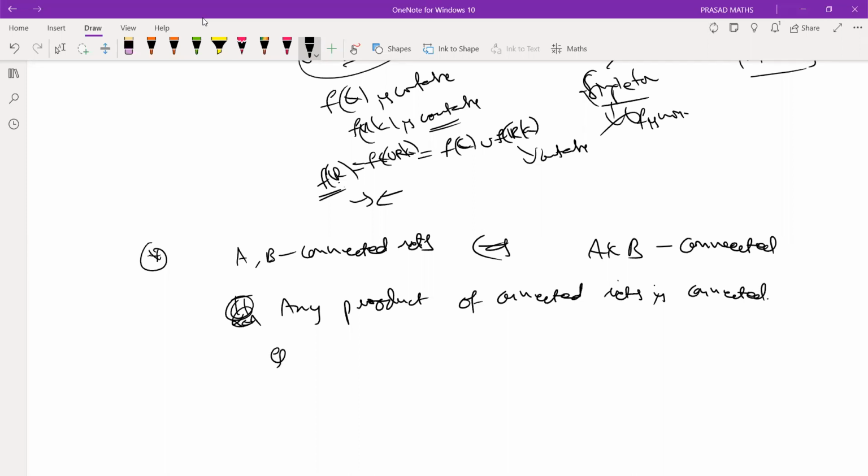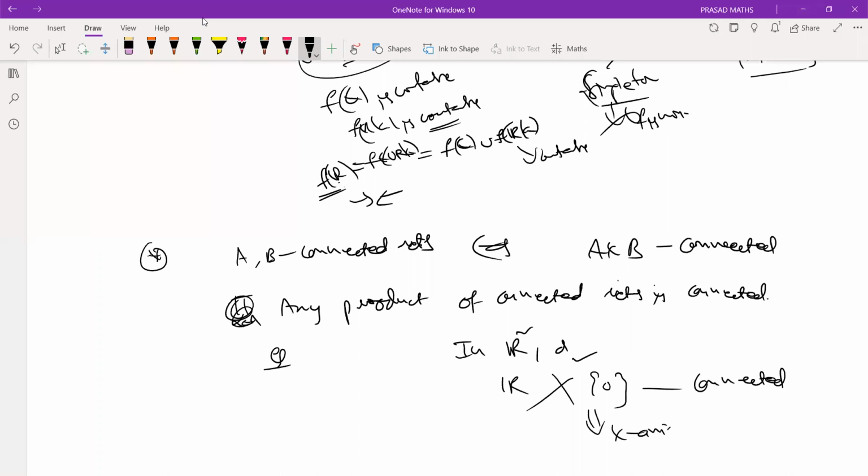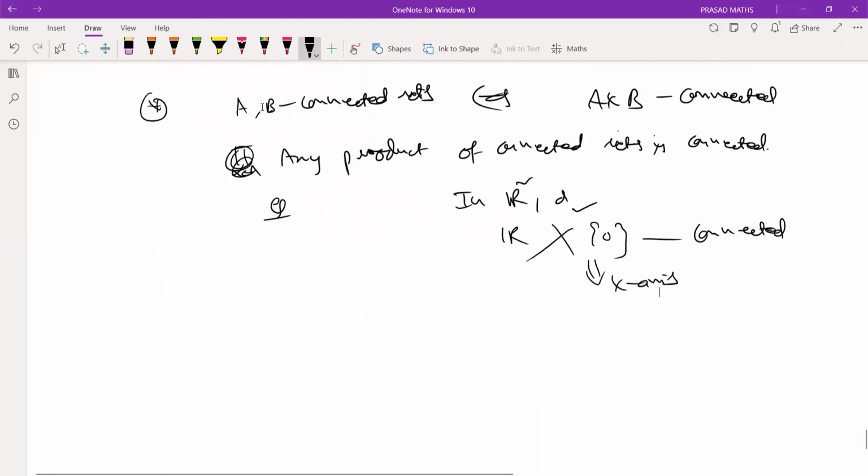Example: in R2 with the Euclidean metric, R is connected, and the singleton 0 is also connected. Singletons are always connected. So R cross 0 is connected. It means the x-axis is connected.